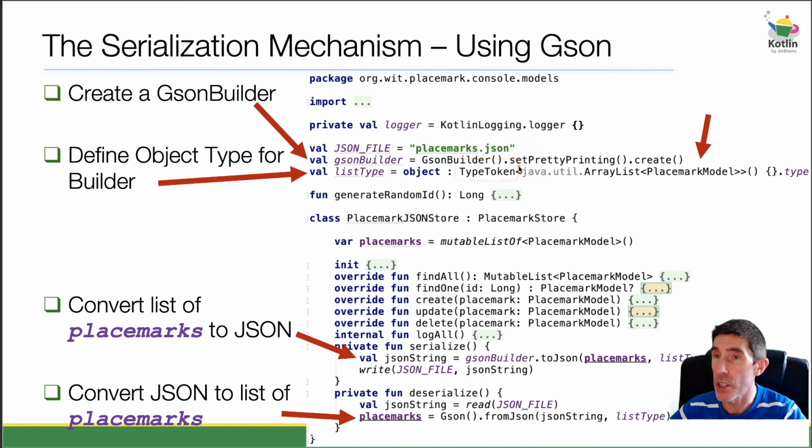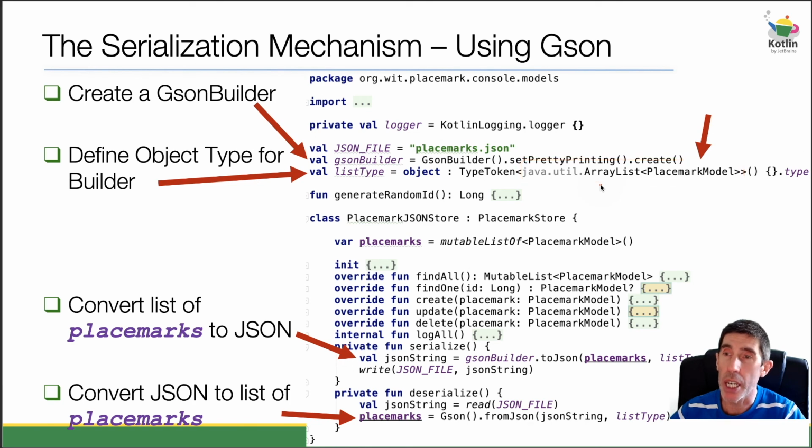And the syntax then, look, there's a java.util.ArrayList of PlacemarkModel, so we're specifying that's what we're actually reading into the mutable list, with our close brackets there, and we're specifying a dot type. So that's a specific syntax that we need to use to be able to tell JSON what type of data that we want to spit out. So here we're specifying that we'll be working with an array list of PlacemarkModel objects.